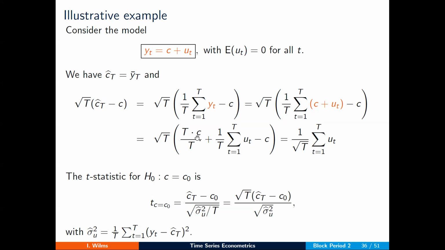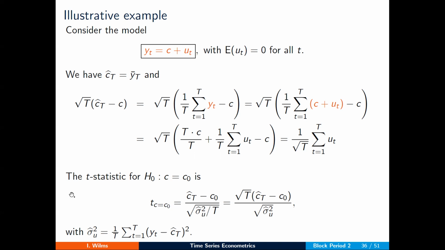We have T times the constant and a factor 1 over T in front. So the constant cancels out, and I'm only left with the sum of the error terms with a factor 1 over root T in front, since I have root T here in the numerator and T in the denominator over here.